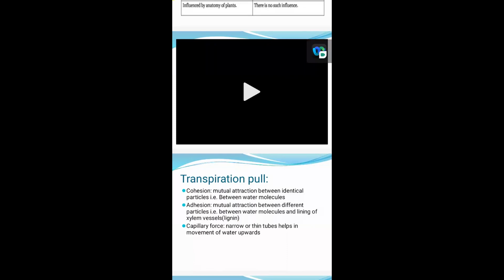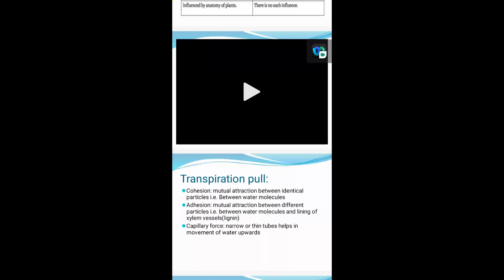And the other force which is helpful is the capillary force. Because of the narrow, thin tubes of the xylem, the small diameter of the capillary also helps in the movement of water upwards. So here, the cohesive force is the mutual attraction between the water molecules.